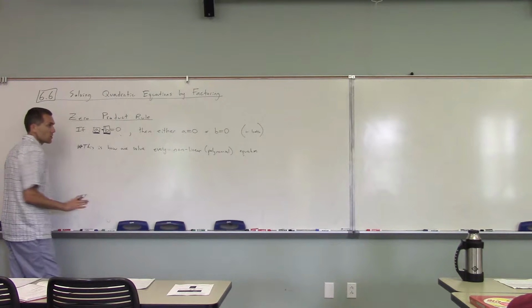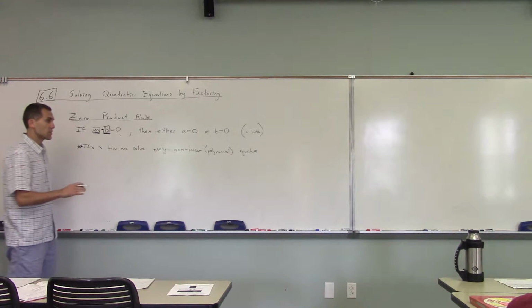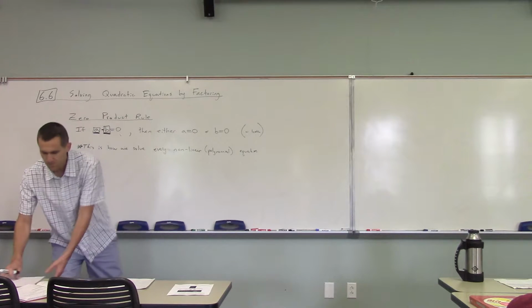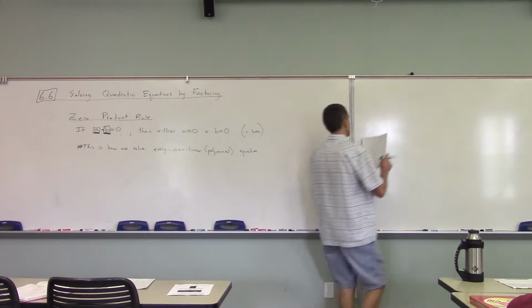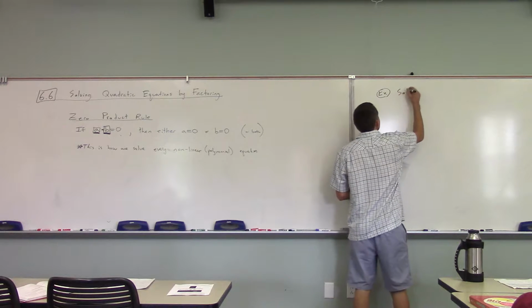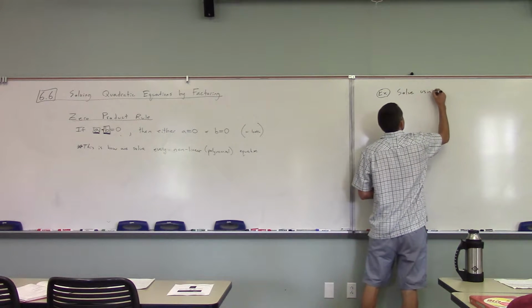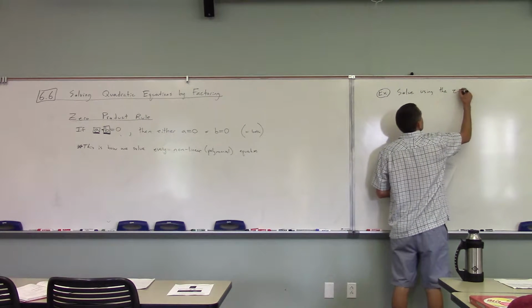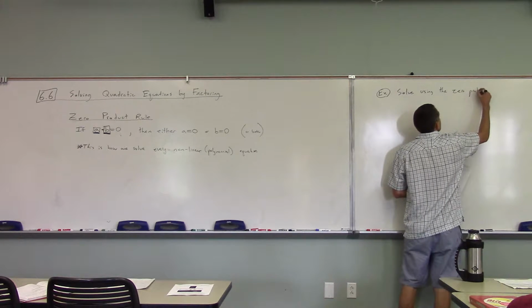Okay, so that's the big idea. Now a quick execution of it, right below this, would be number 2. So here's an example, number 2, solve using the zero product rule.